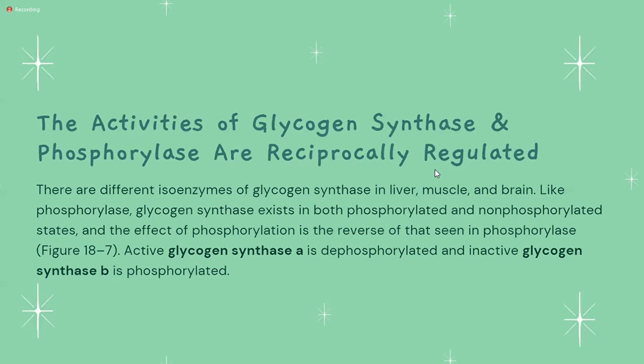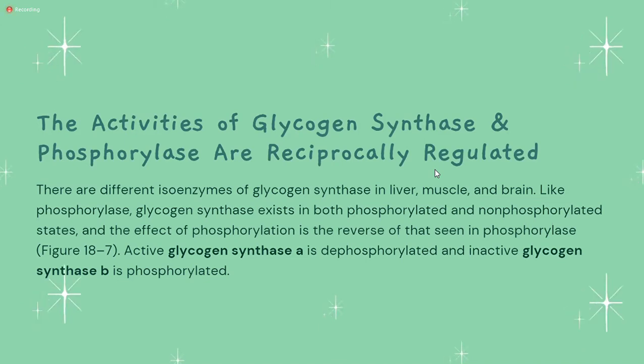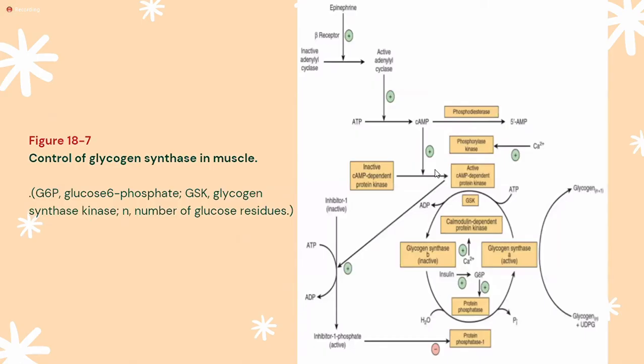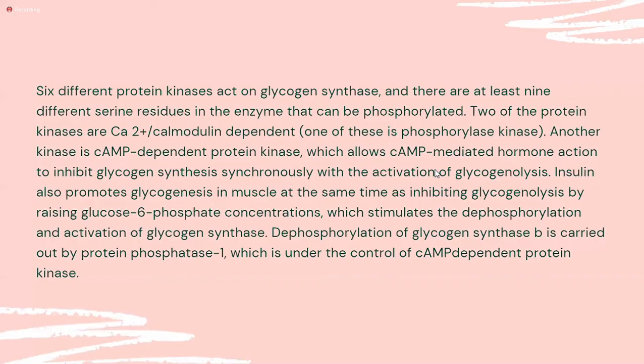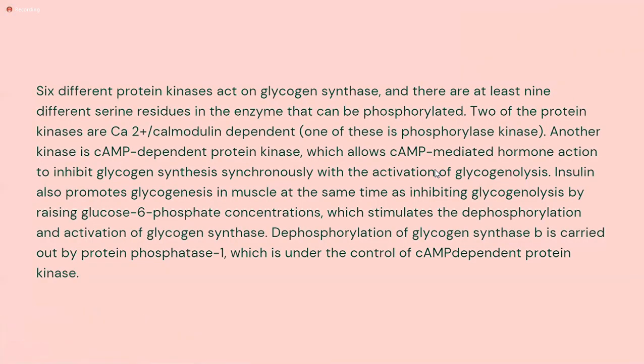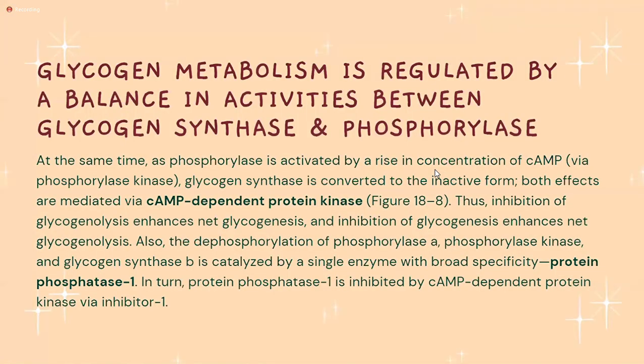The activities of glycogen synthase and phosphorylase are reciprocally regulated. I've shown you how that is related. So, glycogen metabolism is regulated by a balance of glycogen synthase and phosphorylase.